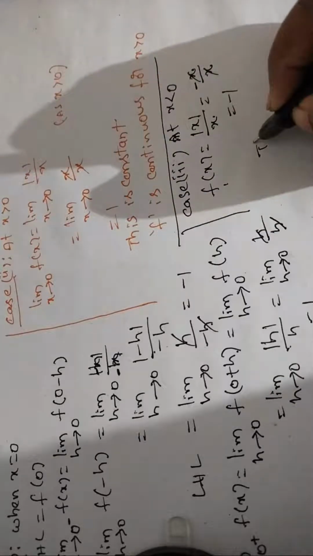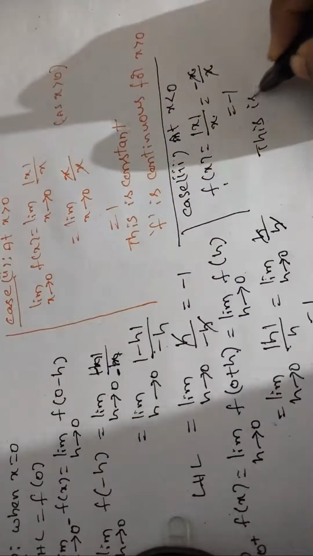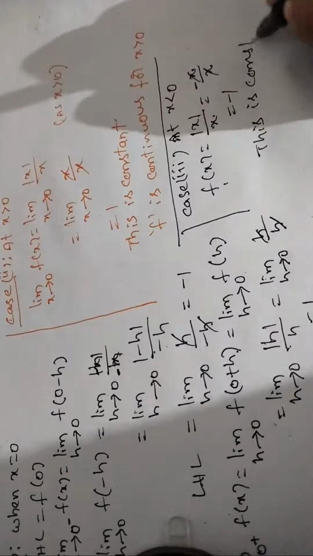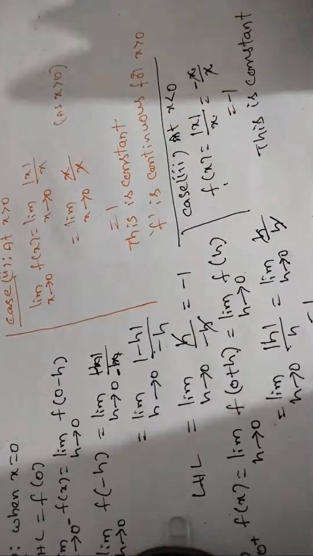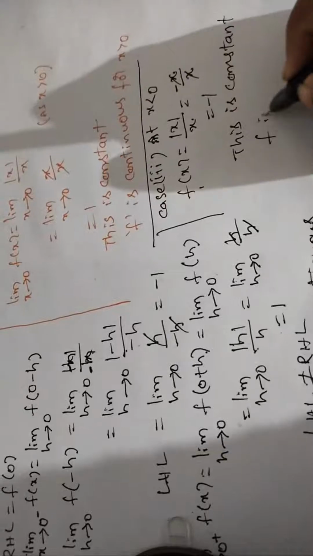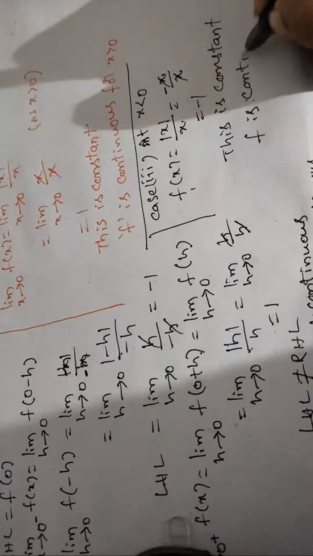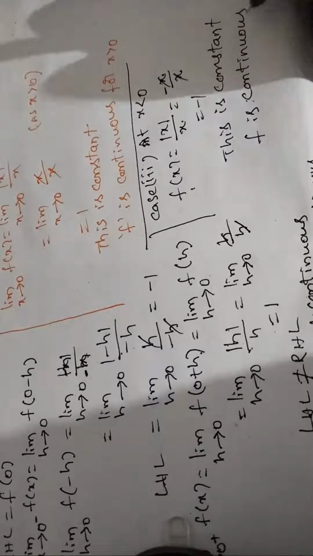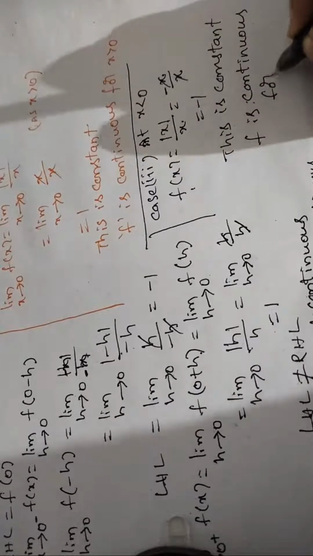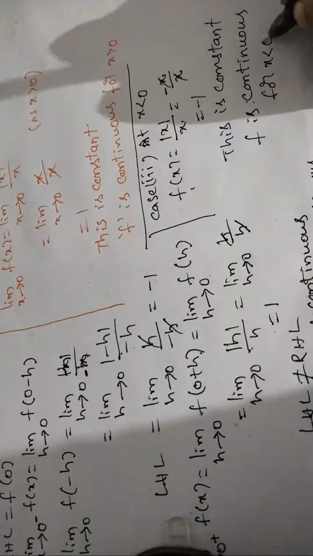So this is constant. It is constant. Therefore f is continuous for x less than 0.